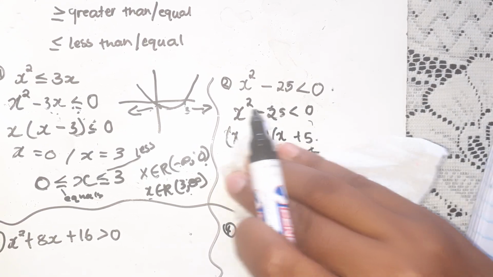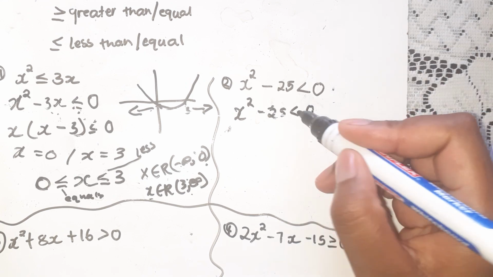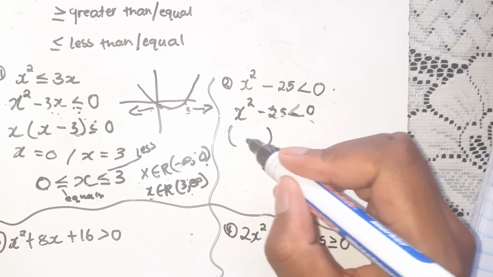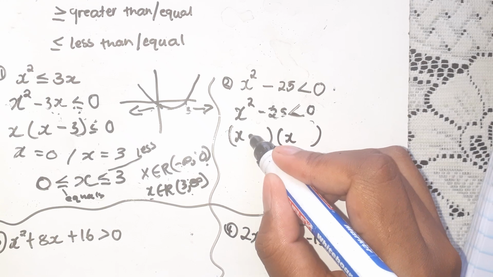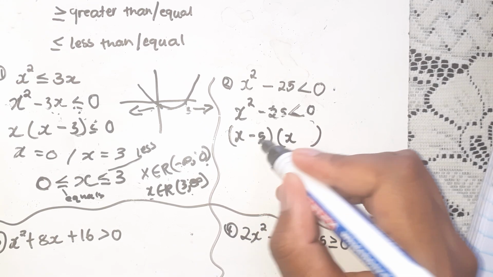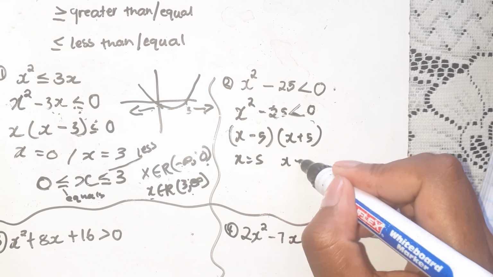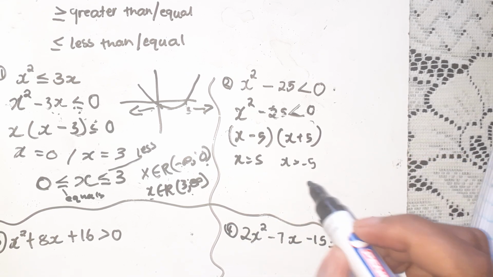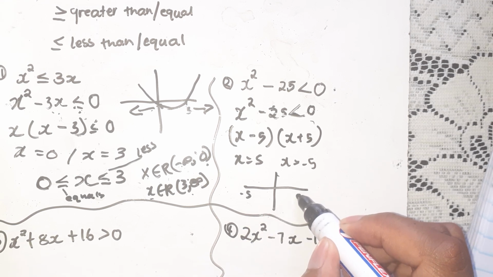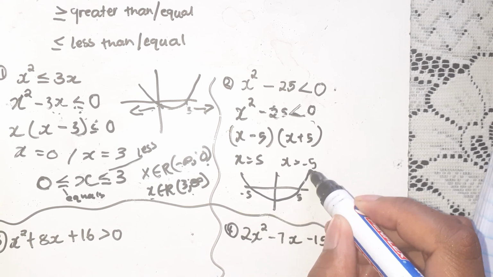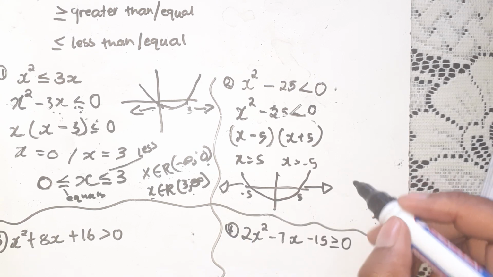Let's do this. When you factorize this, we'll have x in this bracket, x in this bracket, we'll have -5, we'll have +5, x equals 5, x equals -5. So we can draw like this and have -5 here and 5 this side, and then this arrow goes here and this one goes here.